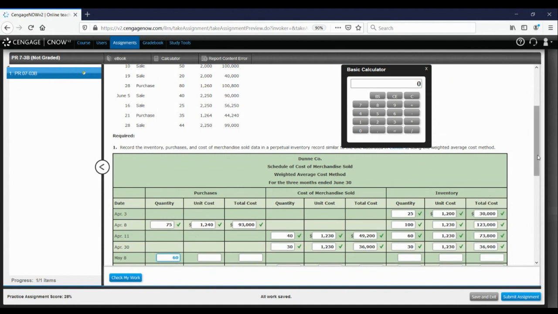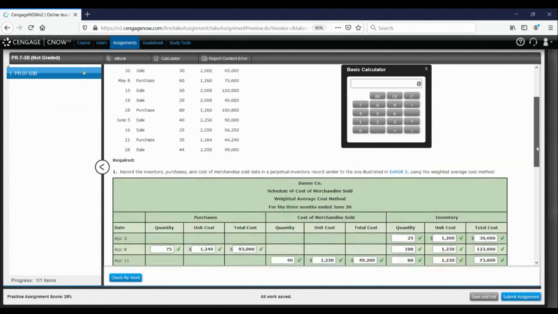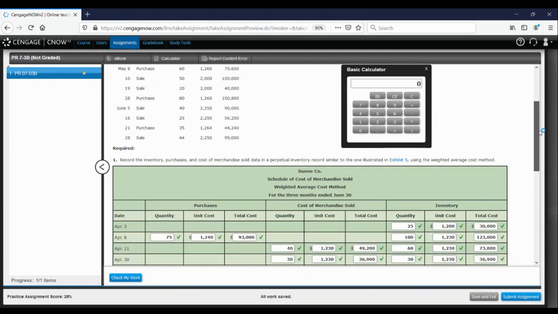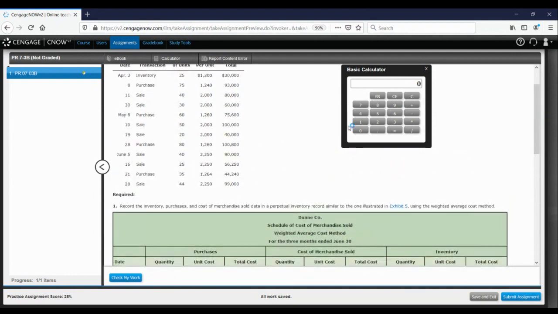And those units actually cost us $1,260. Notice we're in a period of rising prices. You would multiply 60 units times 1,260, and that will give you 75,600.